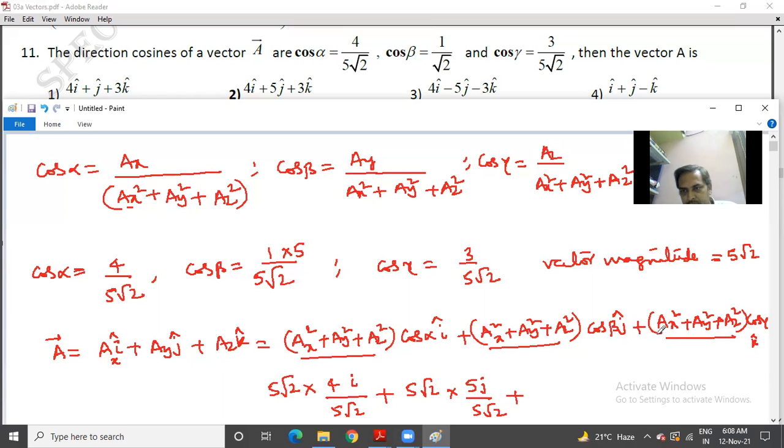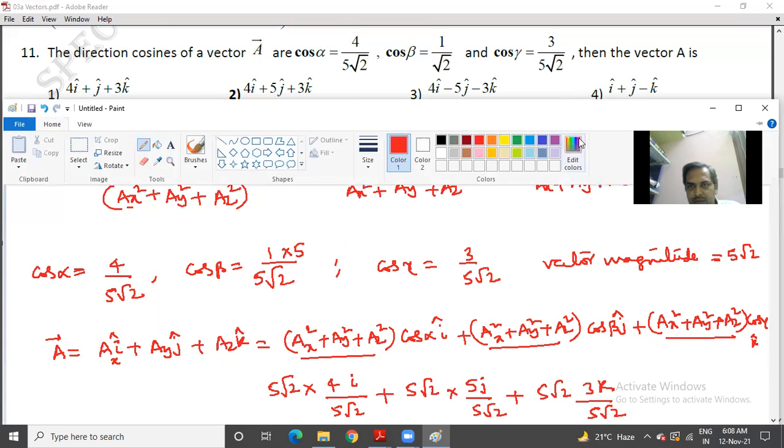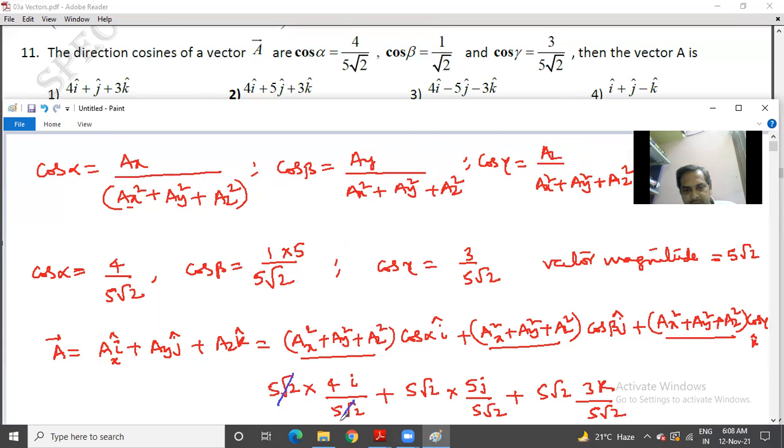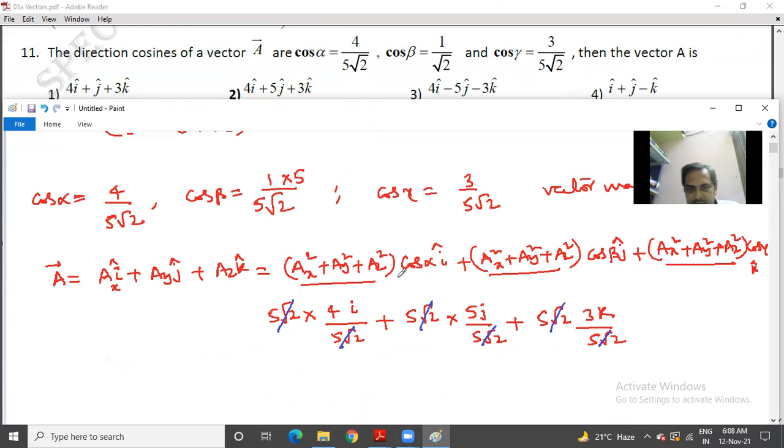Plus cos gamma is 3k by 5 root 2. You can cancel 5 root 2 in the numerator and denominator in all the cases. So you get the answer as 4i cap, 5j cap and 3k cap. So this is the vector. So the second option is correct.